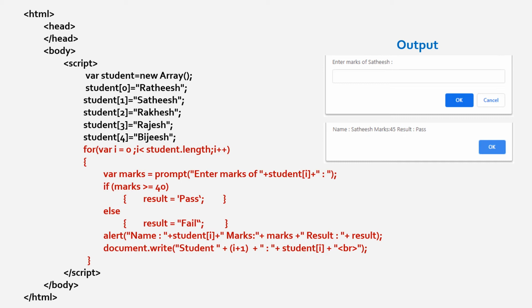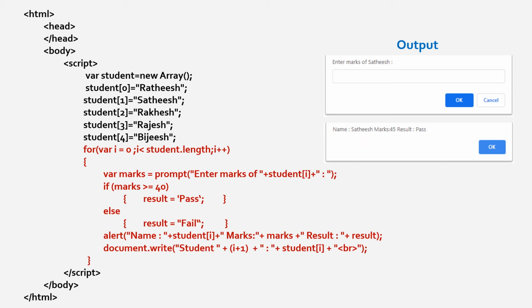Now index is 1. 1 less than 5. Condition is true. Again it will enter into the loop. Now array index is 1. Next student, that is Satish, it will read.